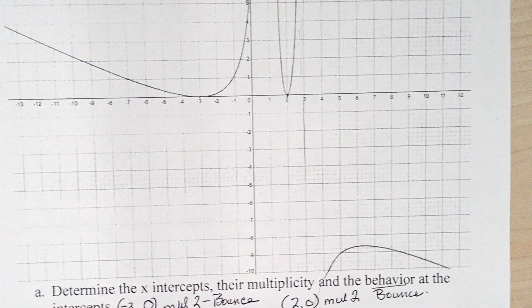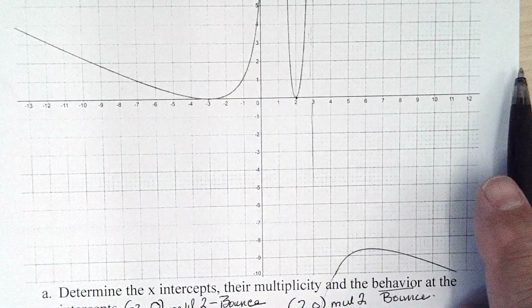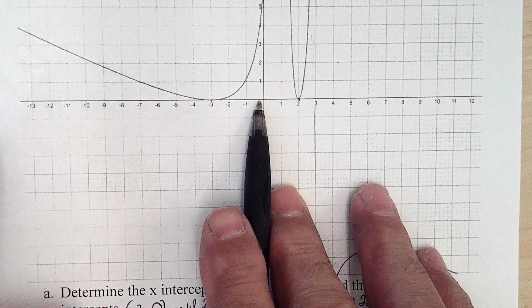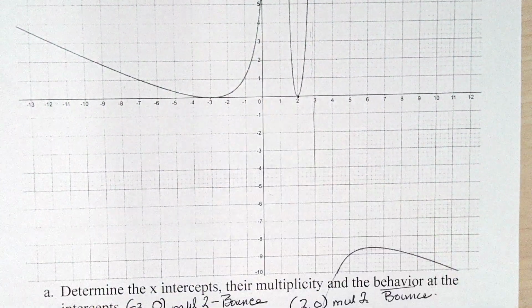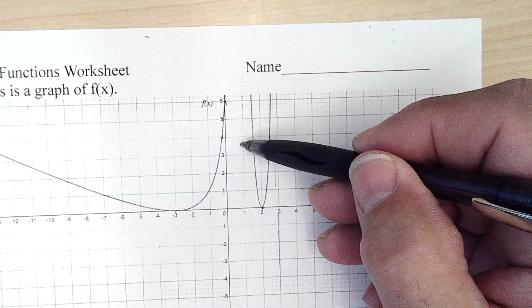Domain. That's for what x values is there a graph? For all these x values, there's a graph. So it looks like the domain goes from -infinity up till the vertical asymptote at 1.